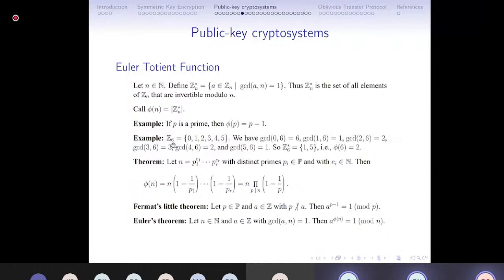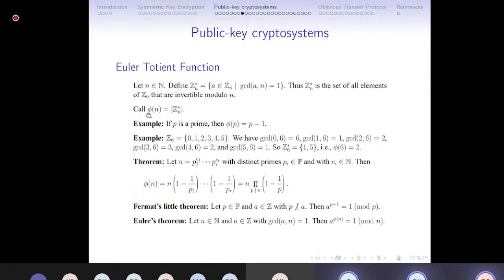If you compute the GCD of each element of this set with 6, that is GCD of 0 comma 6, which will be 6, GCD of 1 comma 6, which will give you 1, and so on, you can find the total number of such elements.